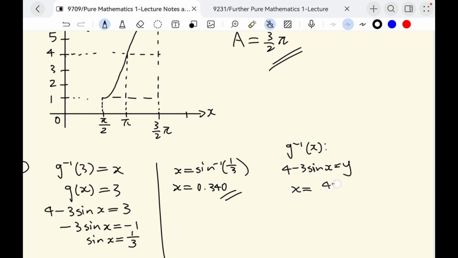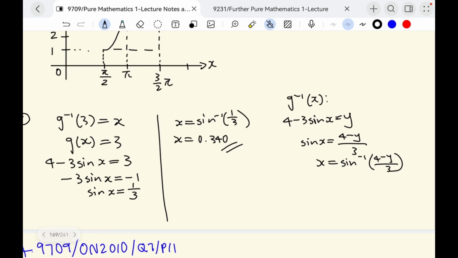Okay, 4 minus y divided by 3 equals sine x, and then take the arcsine. So in the end, the result will still be the same. So you get g inverse x equals arcsine of (4 minus x) divided by 3.